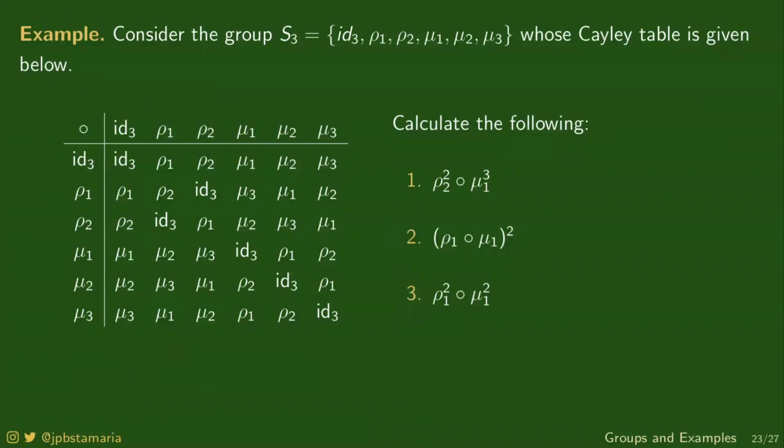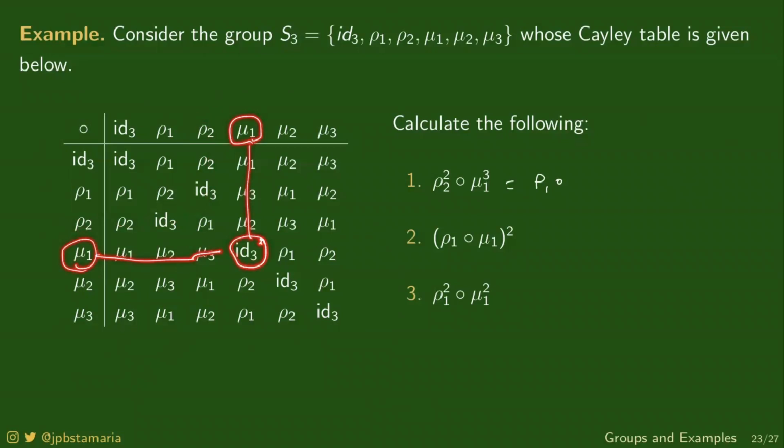Calculate the following. Ano yung sabihin ng rho 2 squared mu 1 cube? Oh my gosh. Ano yung sabihin ng rho 2 squared? Rho 2 squared is rho 2 times rho 2. So, i-multiply mo, that's rho 1, di ba? Mu 1 cube is mu 1 times mu 1. So, ID. Okay?